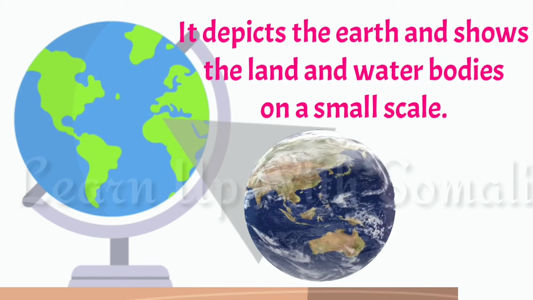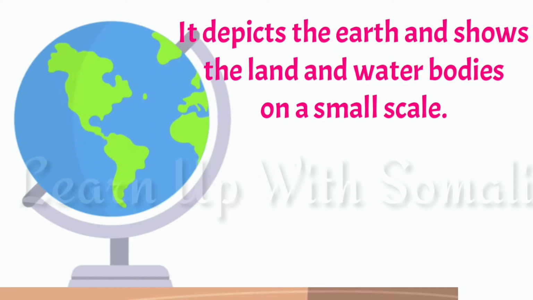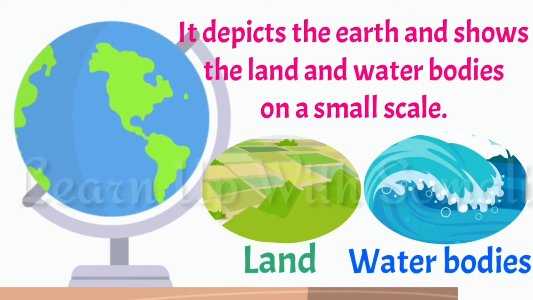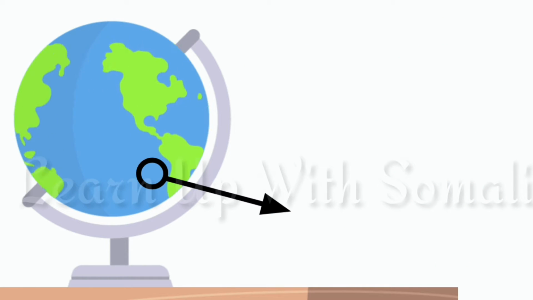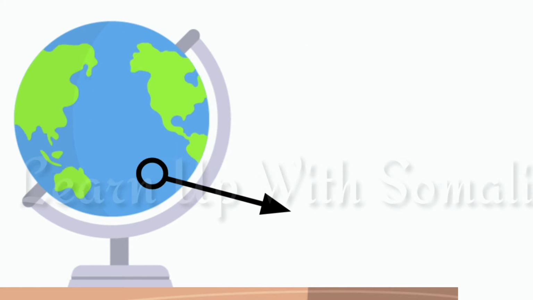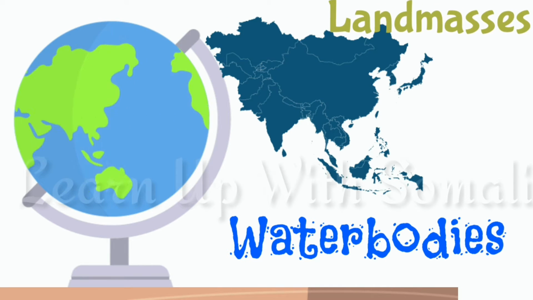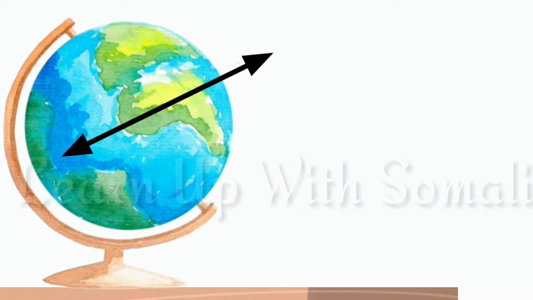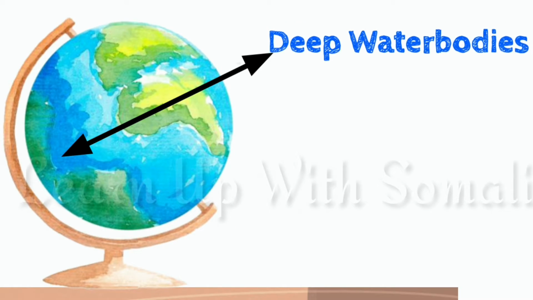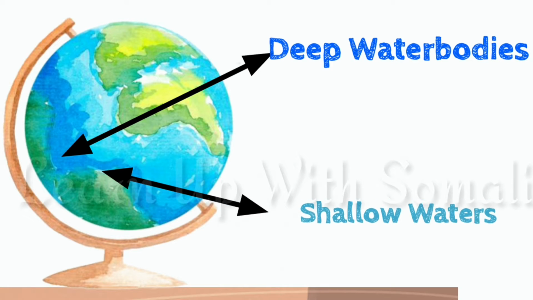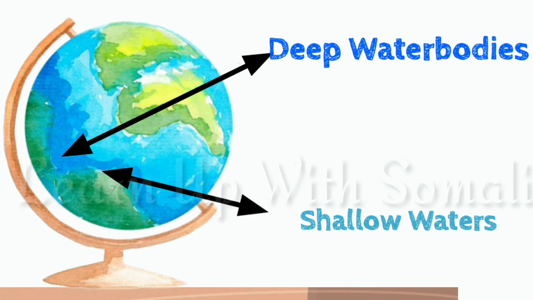It depicts the Earth and shows the land and water bodies on a small scale. The blue colored parts are the water bodies and the rest are land masses. The deep blue color on a globe represents the deep water bodies and light blue color shows shallow waters. That means the depth of the water is less.